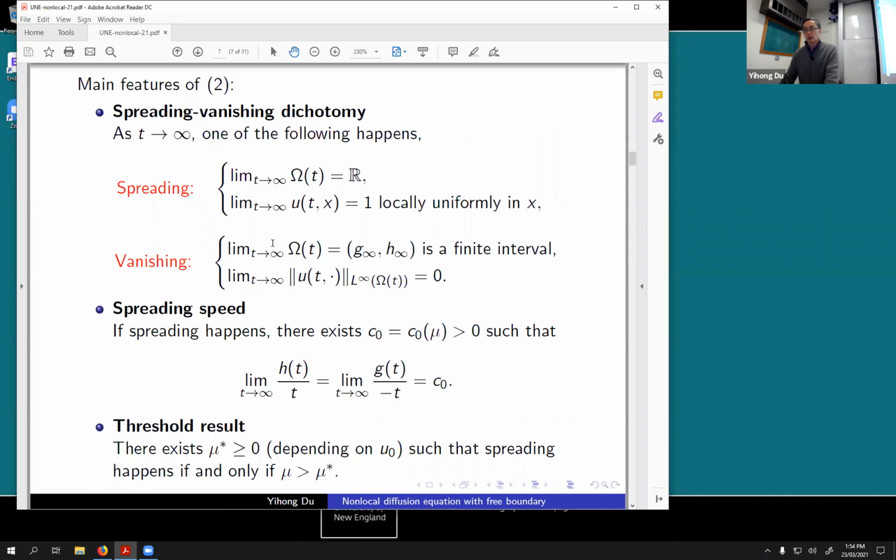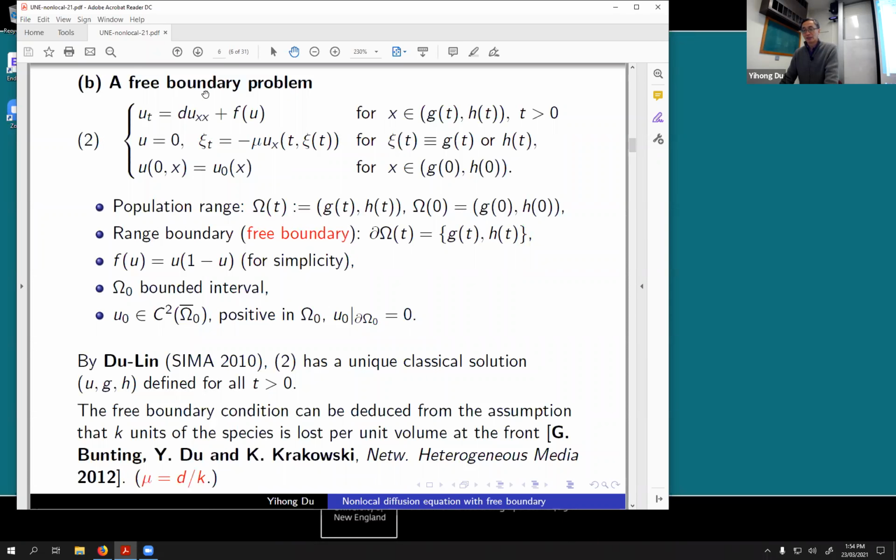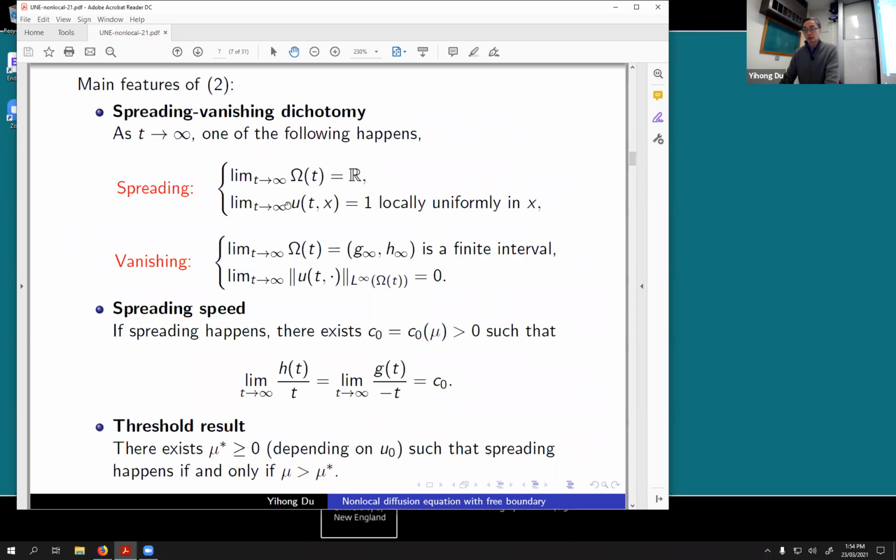Actually, it's better called moving boundary, because they are not free. They are determined by this problem. Anyway, it's called a free boundary.